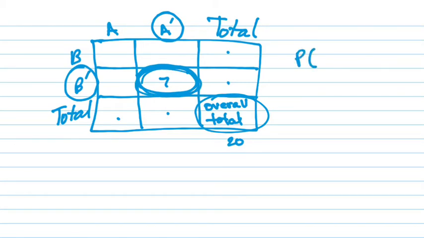So that's the probability of A prime and B prime happening at the same time, isn't it? So it'd be 7 out of how many total items are there? Out of 20. So that's the probability. And as a fraction, you can write it as a fraction, but pay attention. Sometimes they're going to ask you to check. If it is a fraction, you need to make sure to see if it will reduce or simplify. In this case, it won't.